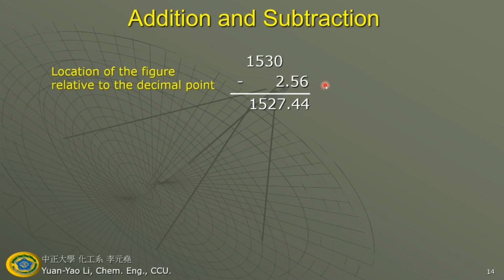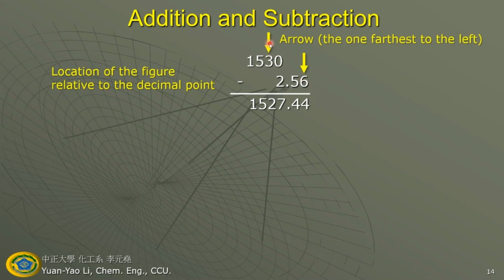And you might think this might not be correct because it might be 15305 or 15295, for example. So what we can get is you have an error here. This is the last number of the significant figures.